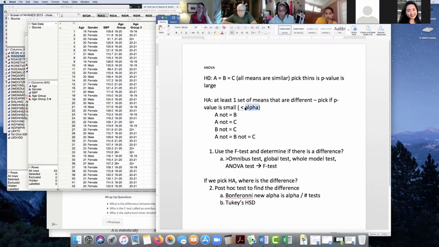So there's a 15% chance that any one of those comparisons is going to show a difference when there isn't. This is a lot of words. But what Tukey's will do for you, and what Bonferroni did too stringently, is adjust your alpha level so that you're not making a mistake. And that's why we don't really cover this in this class, because it takes a while to sort of absorb all of those things.